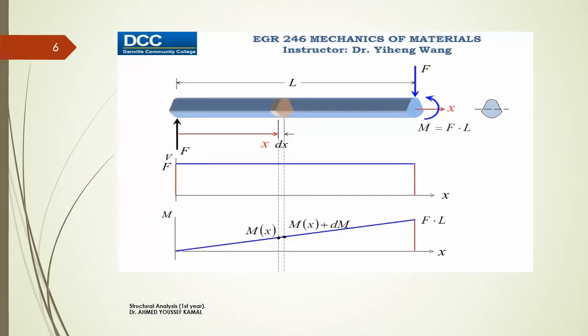Therefore, as you can see, the bending moment is not the same on the left and right side of this segment. And since we have already learned the flexure formula, we can determine the normal stress distribution on both left and right sides of this segment.